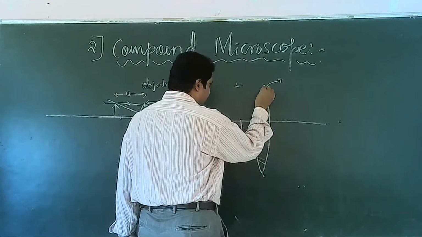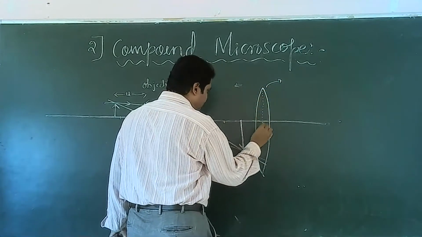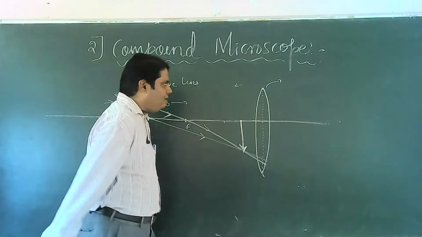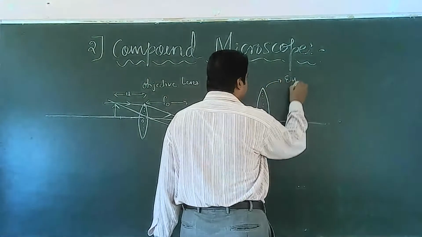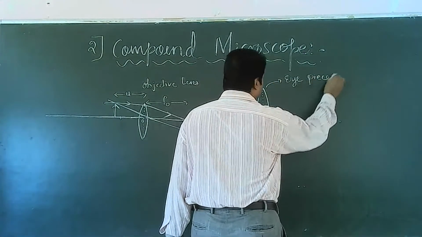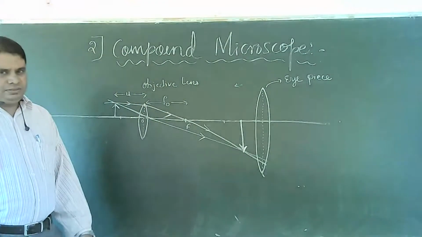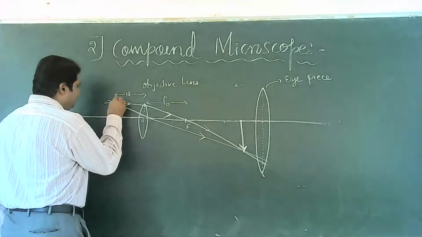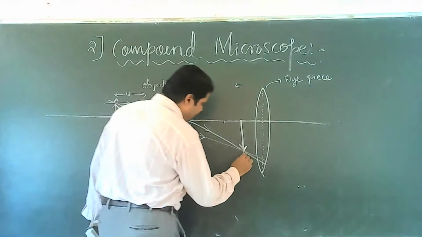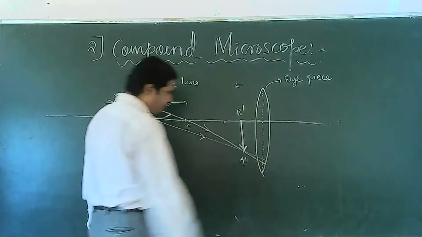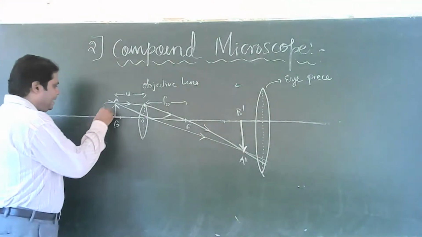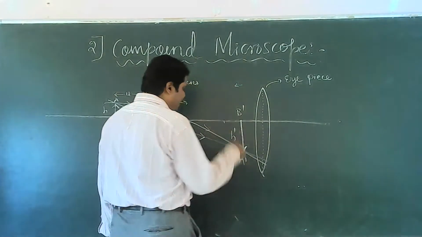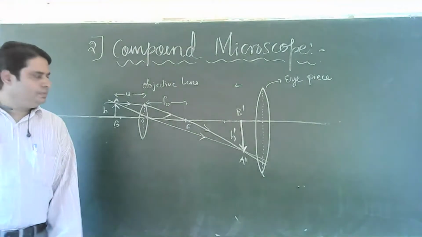This lens is called the eyepiece. When a ray of light is incident, okay, if this is AB, then this will be A dash, B dash. If this is the height of the object, this will represent the height of the image.